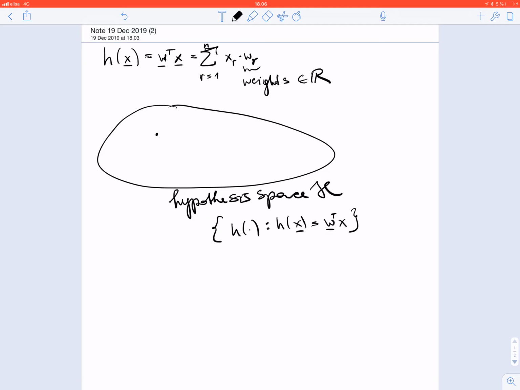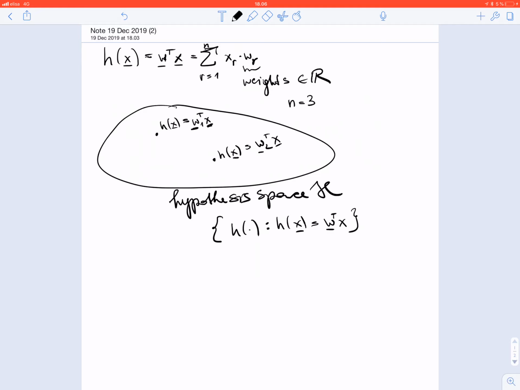What is nice about this hypothesis space is that any element of this space is characterized by a particular weight vector. So this element might be the predictor obtained by using the weight vector w1, and another element of this space might be obtained by using a different weight vector w2.